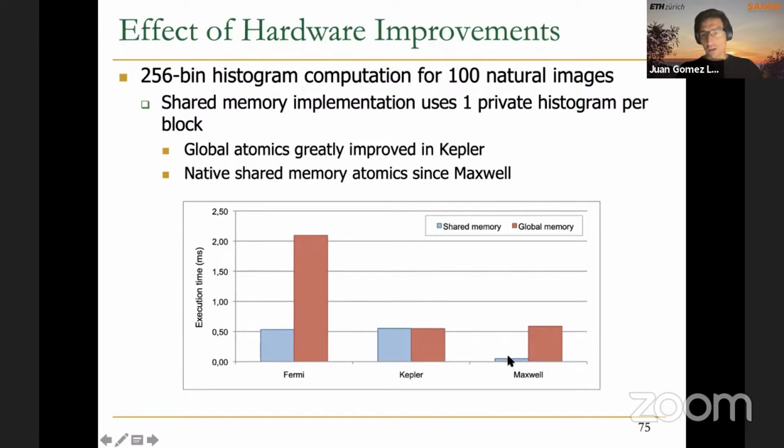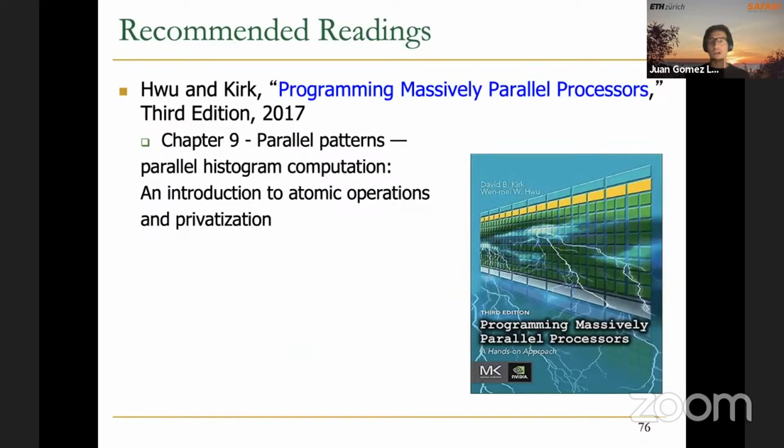And only in Maxwell architecture, we see that the execution time when using privatization in shared memory also gets reduced a lot, and somehow it rebalances the differences between shared memory, which is much faster than the global memory. So this is more or less the evolution of the atomic operations.